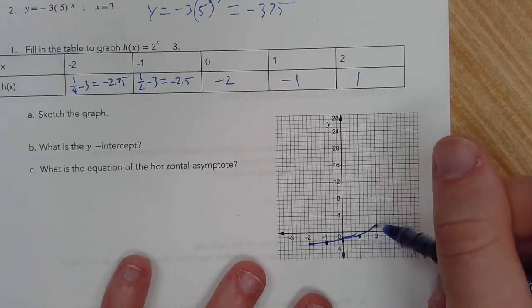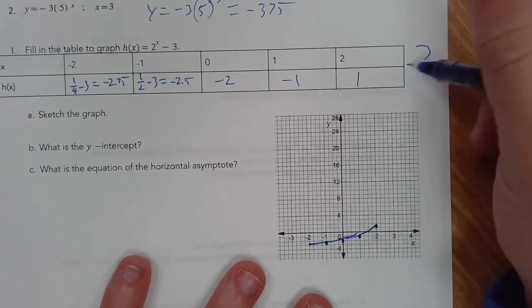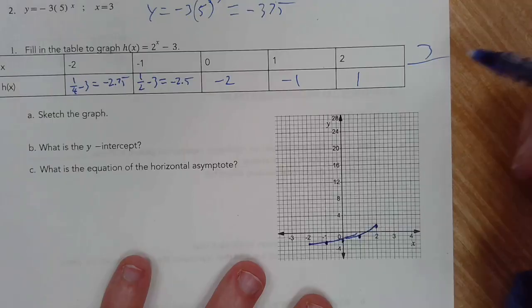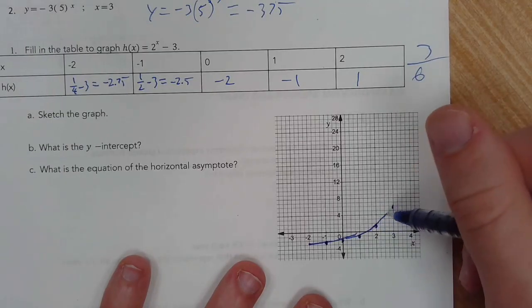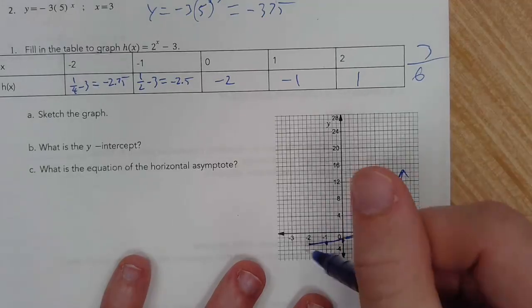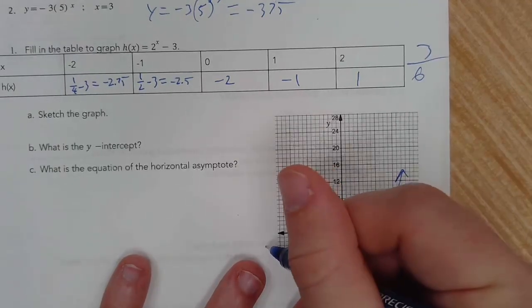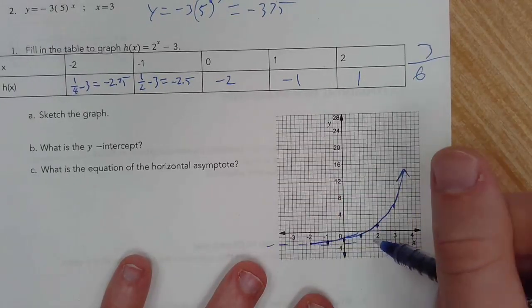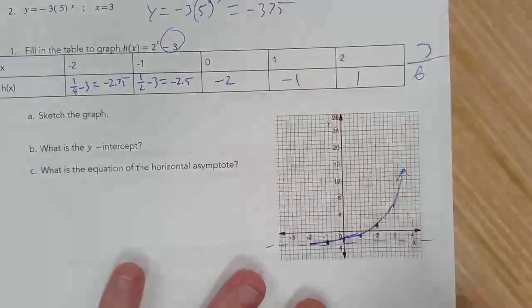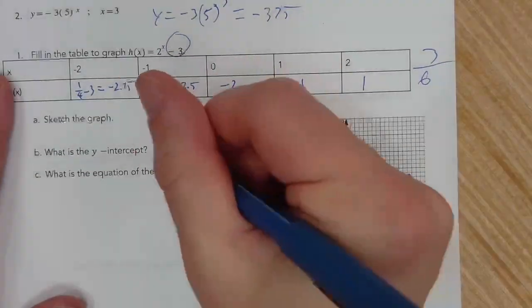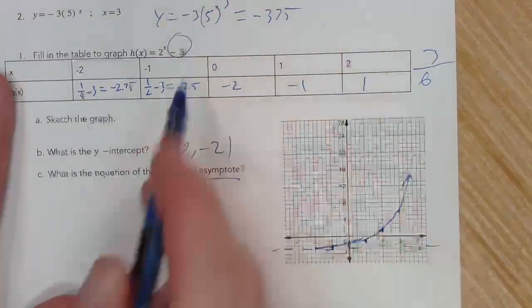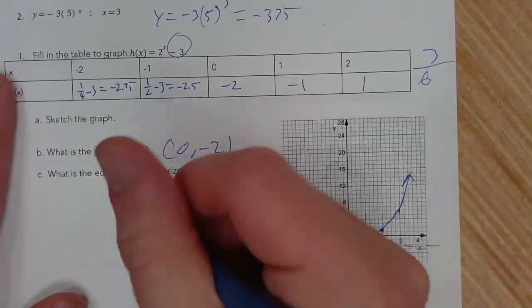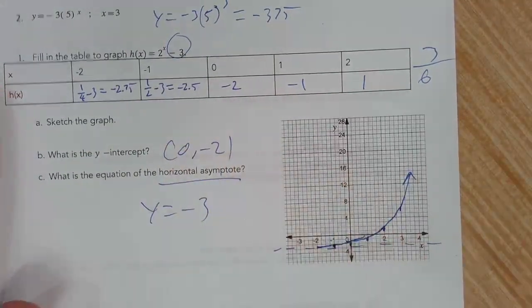And if you had plotted 3, I'm just going to do the 3 for consistency. 3 is at 6, 4, 6. So you can kind of see what's going on, right? We've got that nice curve, and we also have this horizontal asymptote at -3. The y-intercept was at 0, -2, and the horizontal asymptote happens at that vertical shift. It's at y equals -3.